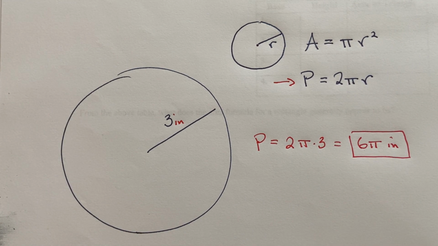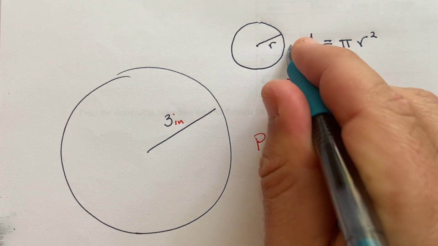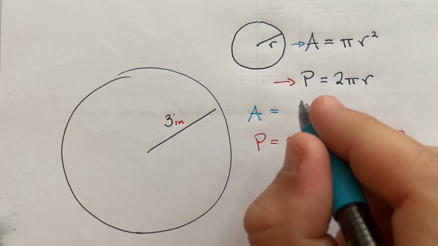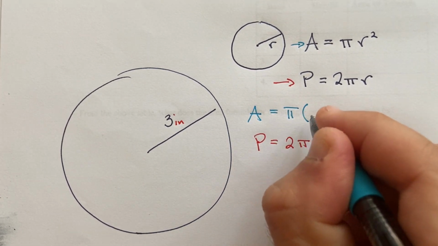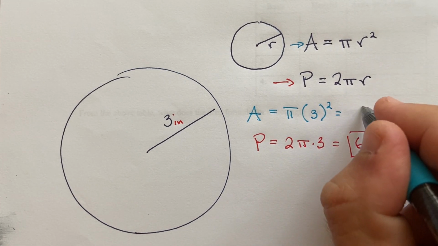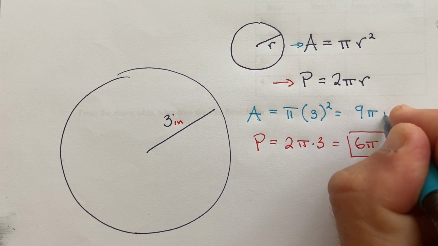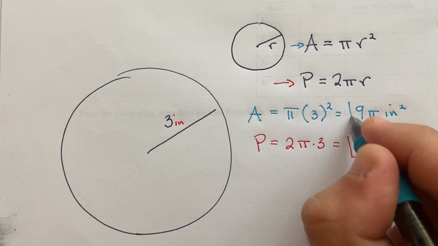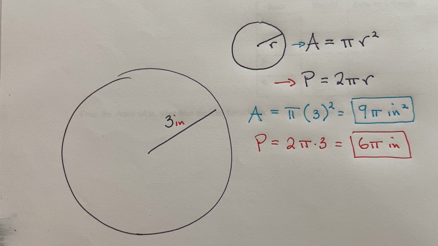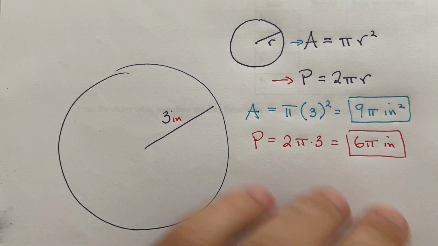For the area of this particular circle, I would have pi times the radius squared. So I'd have 9 pi square inches in that case. All right, so just a couple of quick examples about how to find the area and the perimeter of a rectangle and a circle.